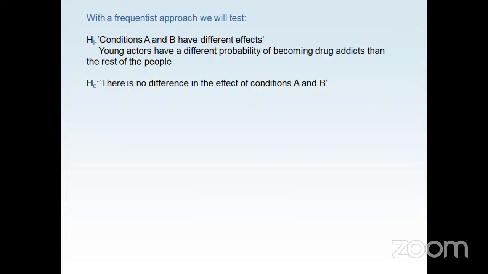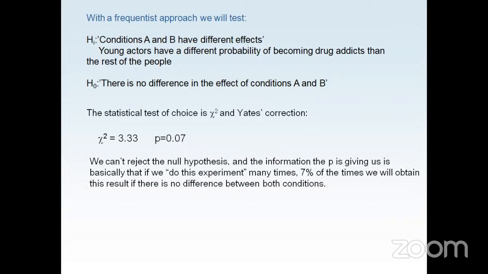With a frequentist approach, we test whether conditions A and B have different effects. Young actors have a different probability of becoming drug addicts than the rest of the people. So the null hypothesis is that there is no difference in the effect of conditions A and B. The statistical choice is chi-square with Yates correction. So here we cannot reject the null hypothesis. That is the final conclusion based on this probability, that we are not able to reject the null hypothesis.